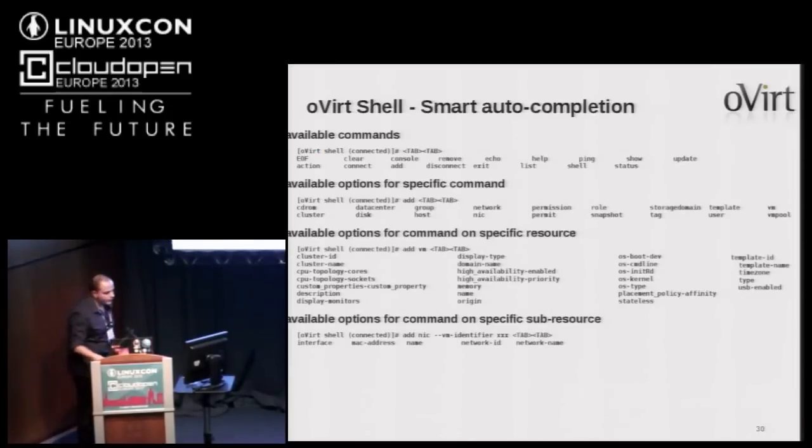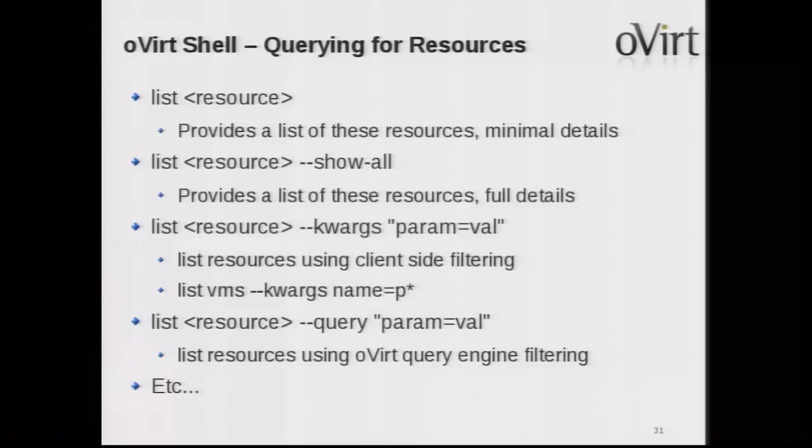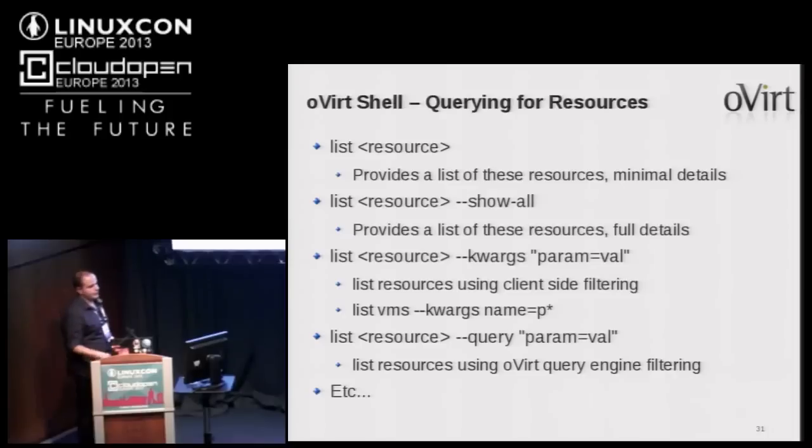Okay, I have some more examples in the slide. If you list a specific collection, list VMs for example, you can choose to show all the properties.